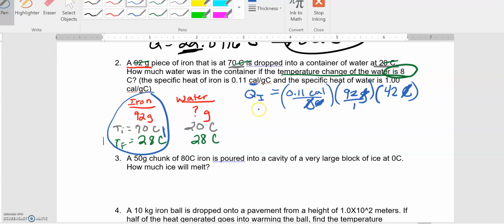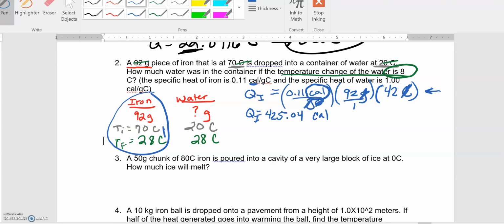Let's go ahead and multiply all that together. And I get the heat energy for the iron to be equal to 425.04. And this time my label is going to be calories, because that was what was left up here in my unit analysis.